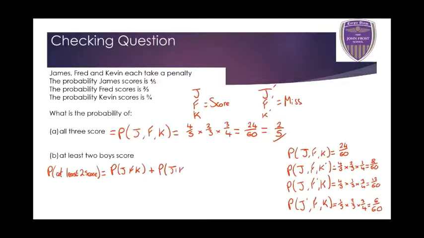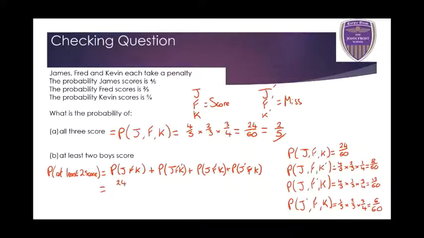So I'm just going to write P(JFK) plus P(JFK'), plus P(JF'K), plus P(J'FK). It's a lot of writing for these. The first one, they all score. The second one, Kevin misses, then Fred misses, and then James misses, okay? So now we need to add all these up.